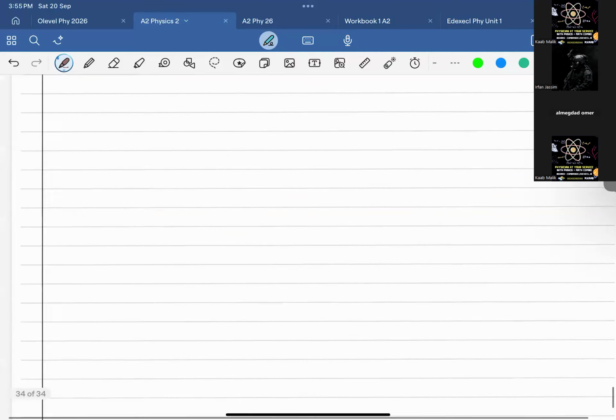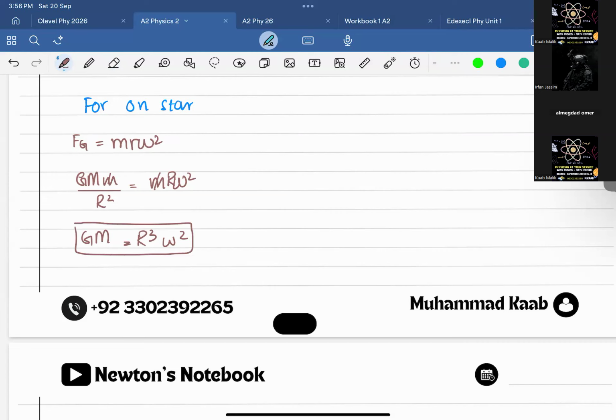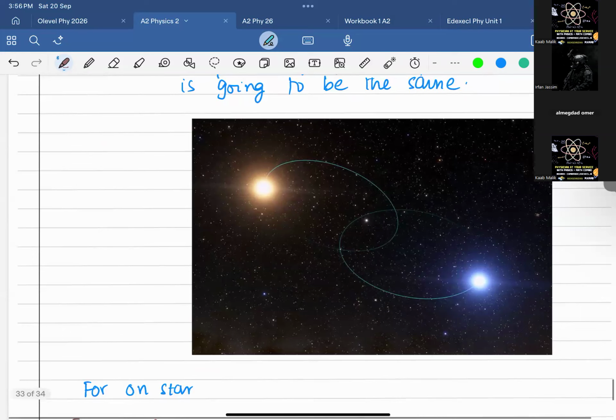It seems like Kepler's law, with r cubed and omega squared. You can use this relation to find the period of any one of the stars.